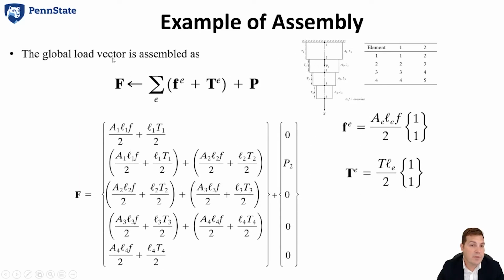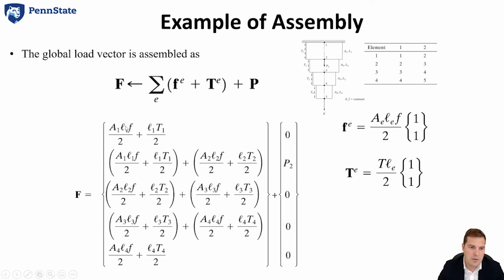The global load vector is assembled in the same way. Here we're going to have the F. So for this term, for example, we're going to have locally 1 and 2 for element 1, which corresponds globally to 1 and 2. So we put A sub 1, L sub 1, F, and you see that down here too, in the 2 position.